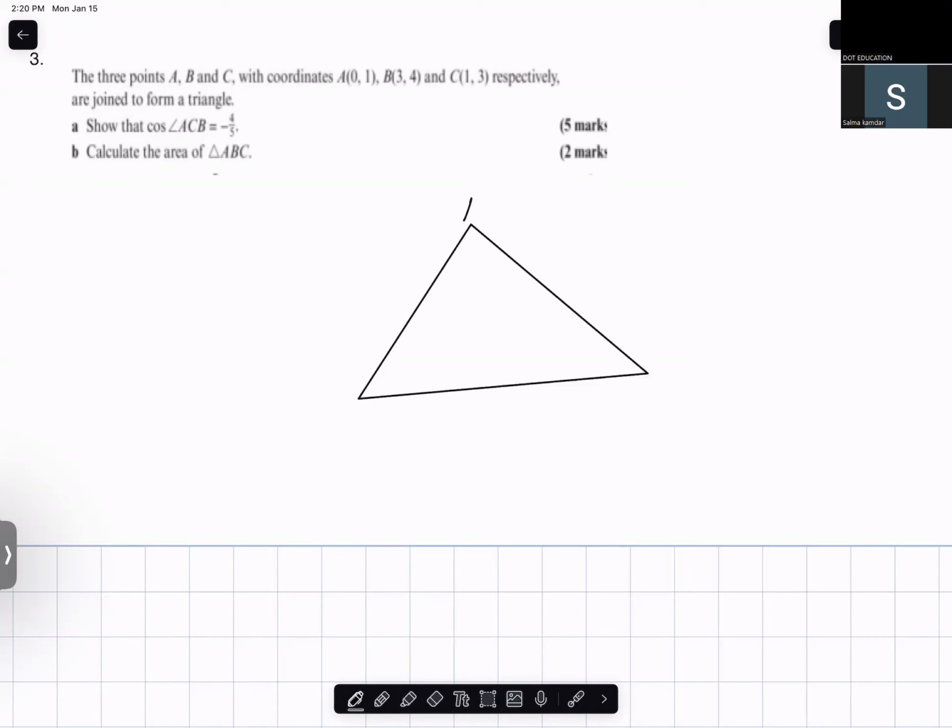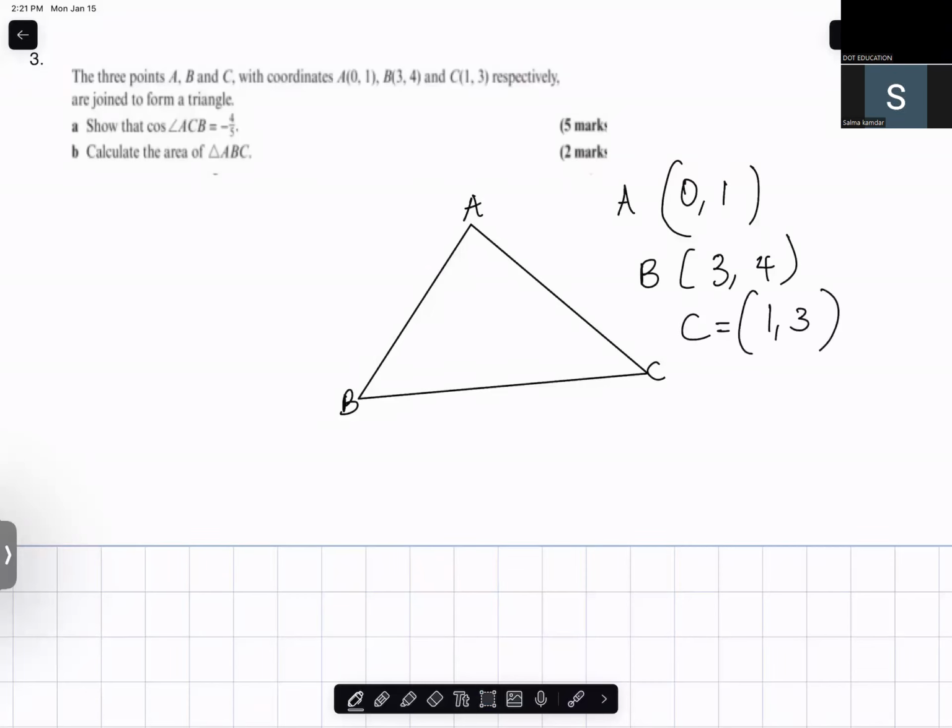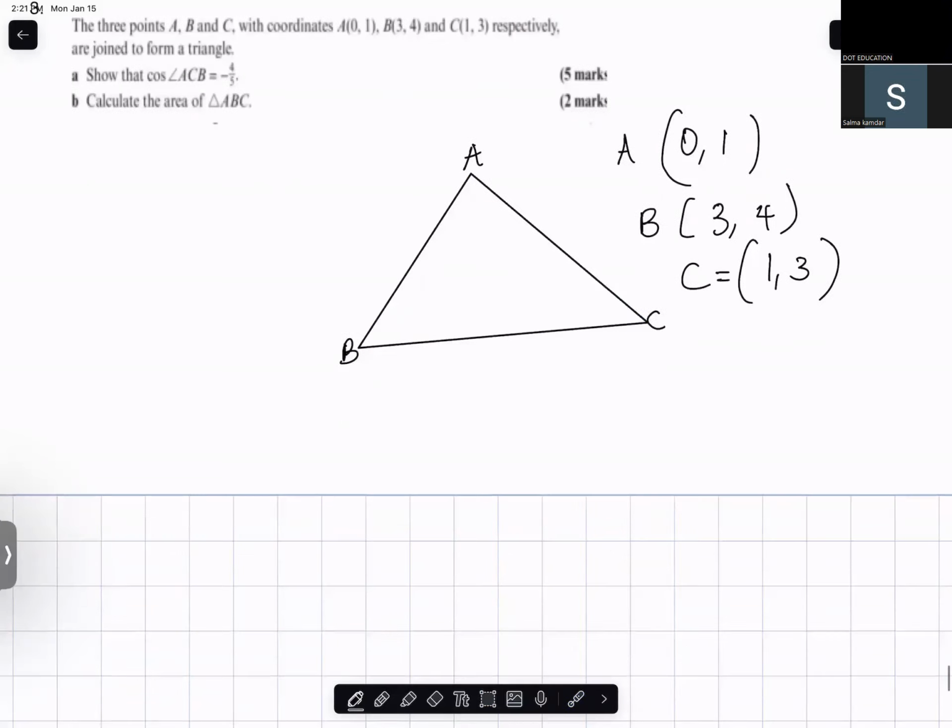Okay, so I have the points given to me. So they say A is 0 and 1, and B is 3 and 4. So C is 1 and 3. Then if you look at this, you're looking for the distance AB, and also distance BC, and distance AC. So we apply our distance formula.